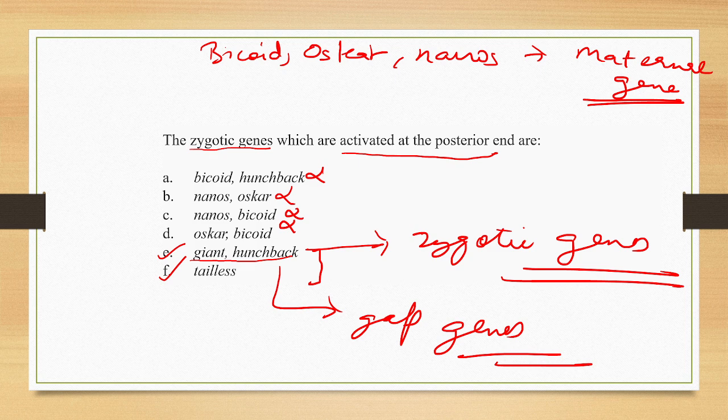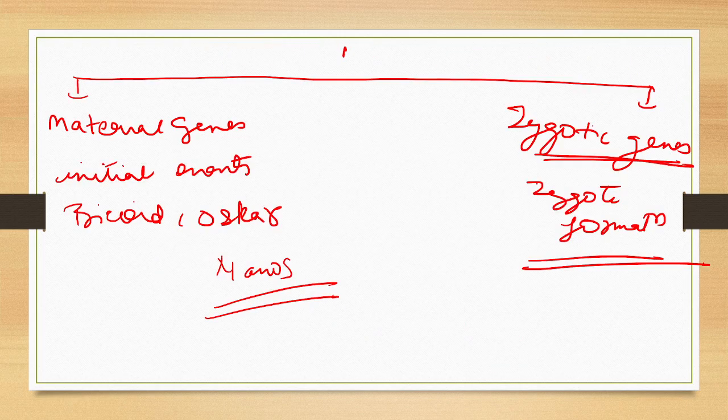So from this, we got to know another concept, that in developmental biology, particularly when we are talking about Drosophila axis development, genes are divided into various types: maternal genes and zygotic genes. Maternal genes are the genes which are present before fertilization in the oocyte itself, and zygotic genes are the genes which are present when the zygote is formed.